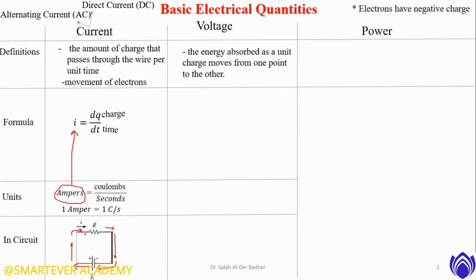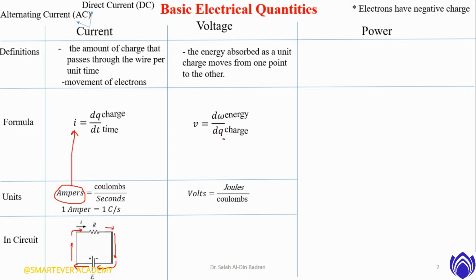Voltage. We can define the voltage as the energy absorbed as a unit charge moves from one point to the other. The formula of voltage is dW over dQ, where W is the energy and Q is the charge.